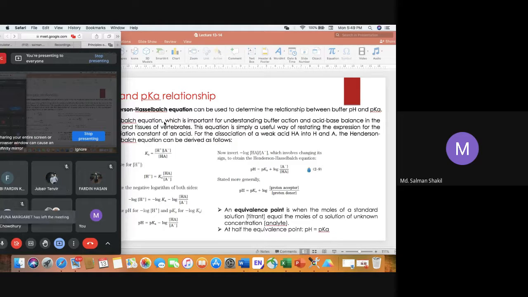ওকে, সো when we start the titration process, when the process progress, the concentration of the acids and base at half equivalence point become equal, right? জি স্যার। Okay, so at half equivalence point means there will be like 50% acid, 50% base.